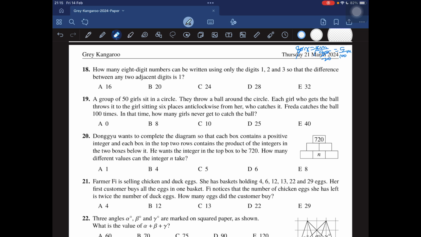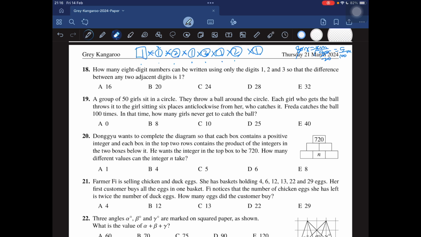So let's think if we start with 1. Then the next one is only 2, so the number of cases is 1. And the next one, because here is 2, so next one can be 1 or 3. Number of cases 2. And again 1, 2, 1, 2, 8-digit numbers 1, 2, 3, 4, 5, 6, 7, 8.